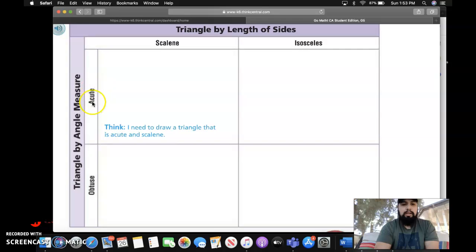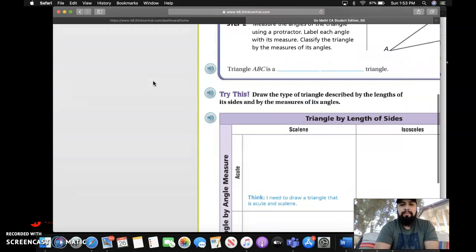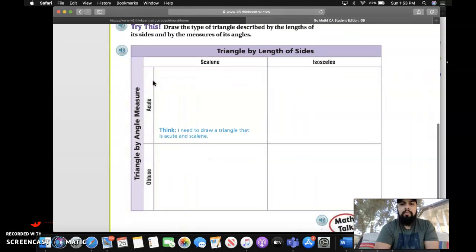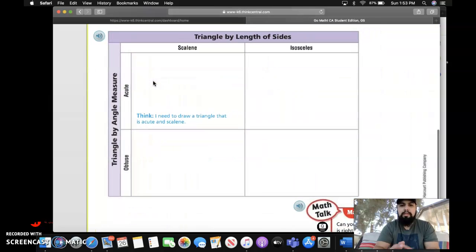So if it is an acute and scalene, we would need to draw it in. For right now, what you could do is get a piece of scratch paper, and I want you to draw it just like how it is right here on the screen. I want 4 quadrants, and then scalene at the top, isosceles, obtuse, and acute.